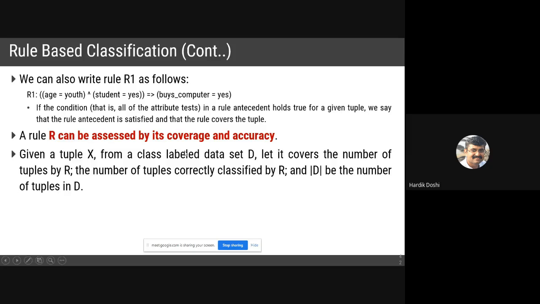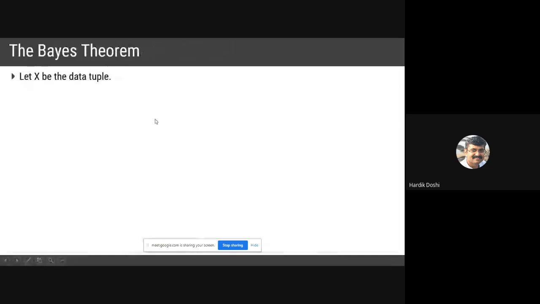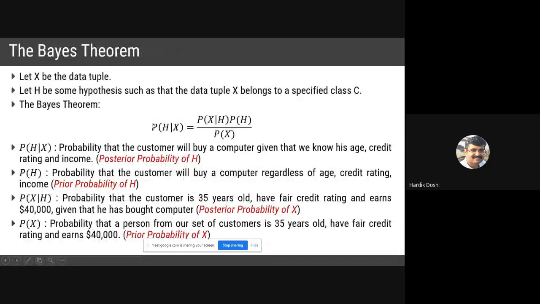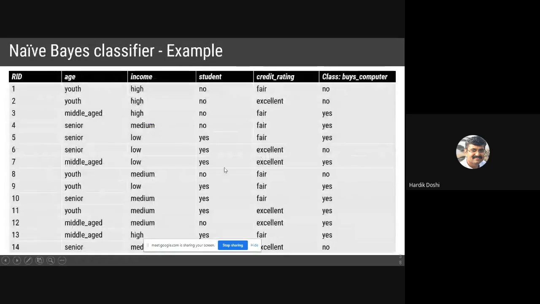That becomes the coverage. So, if you take the same example, can you tell me how many tuples are for rule 2? What is rule 2? Age equals middle aged. How many are for rule 2?